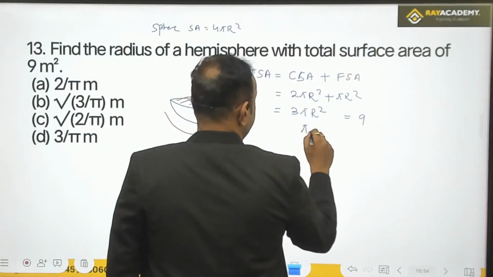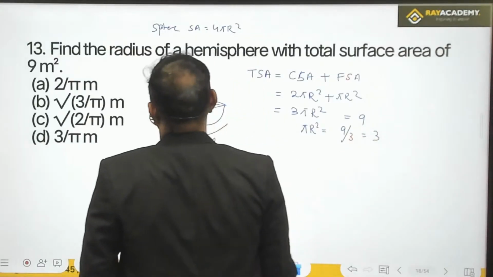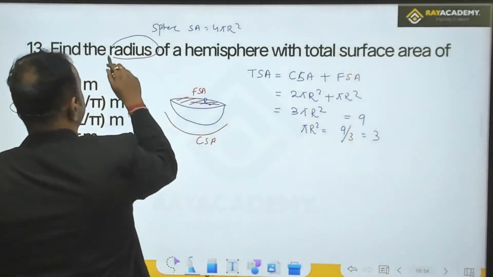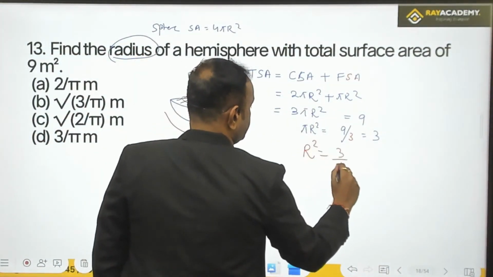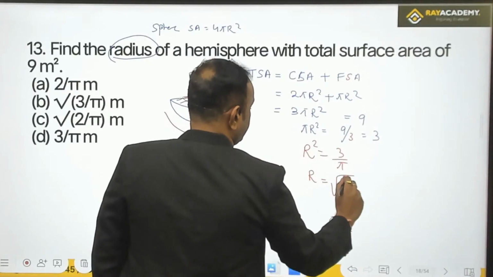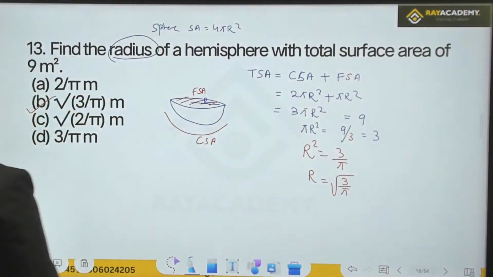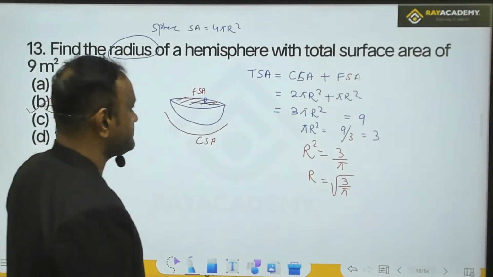So pi r square is 9 by 3, that is 3. So r square equals 3 by pi, and r equals the square root of 3 by pi. This is a comparatively easy question. Clear? Okay.